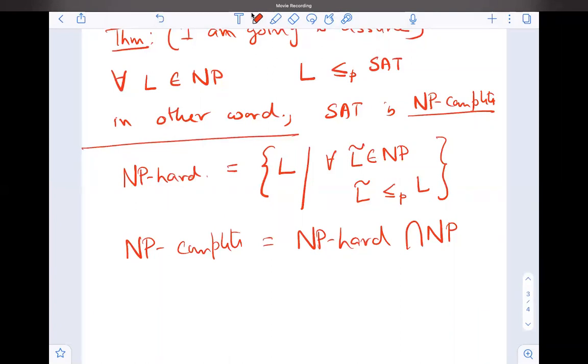Since NP hard and NP complete are used almost interchangeably, because it is clear from the context what we mean. But if you have to prove some problem is NP complete, technically you have to prove it is NP hard, and then you have to prove it is in NP.